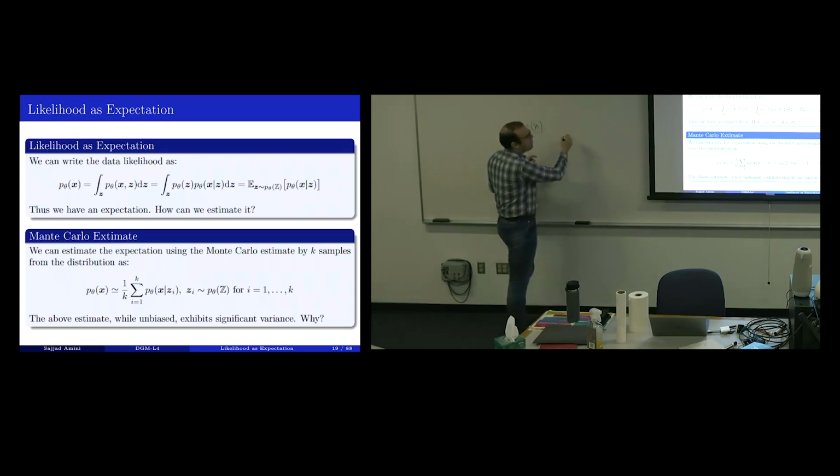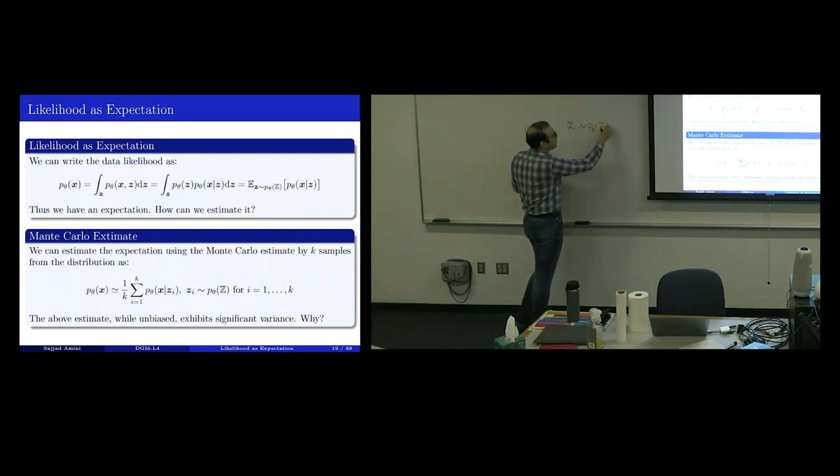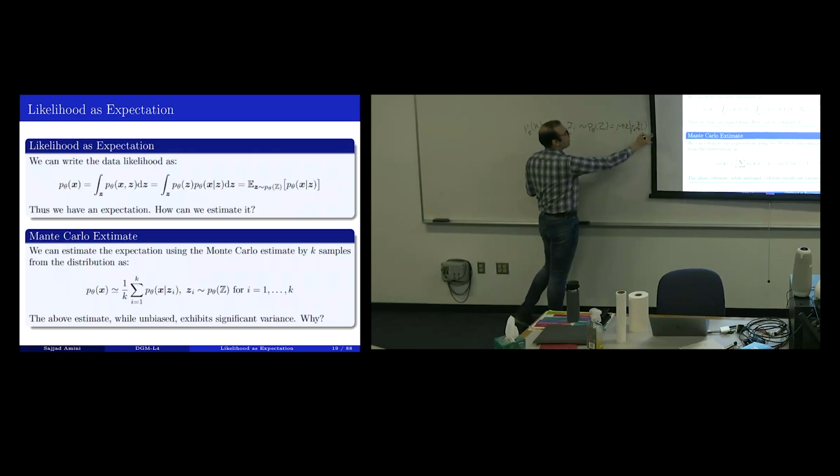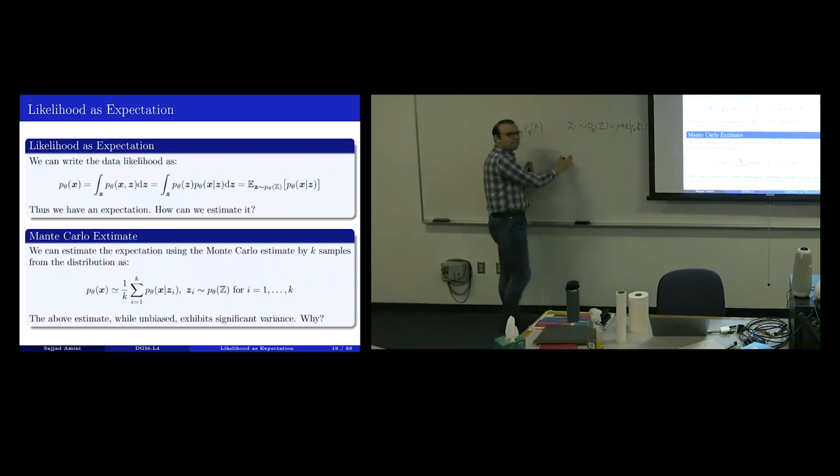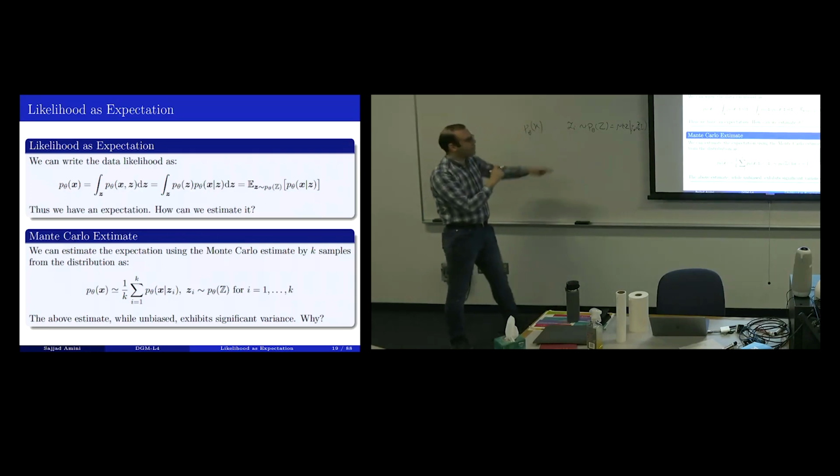I start sampling from the latent. Is it possible? It is very simple because it is a Gaussian. I can sample from it. Assume that I have k samples from this distribution.